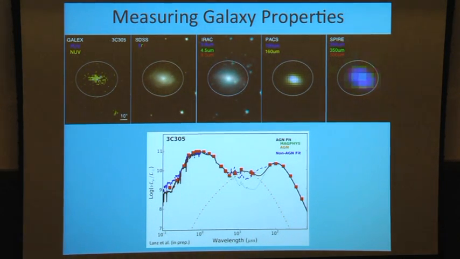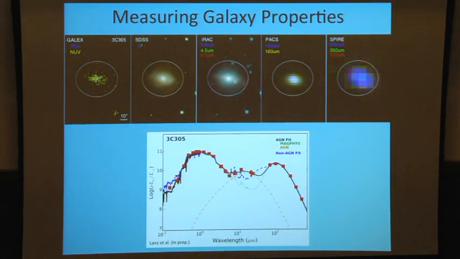Unfortunately, at this point, it doesn't have an AGN component, and as you can see, 3C305 is one of these examples where in the mid-IR you really need an additional AGN component. So to take that into account, I added an empirical AGN component from a model by Anna Sajina. I fit all of these galaxies and get lovely fits, just like this one for 3C305.